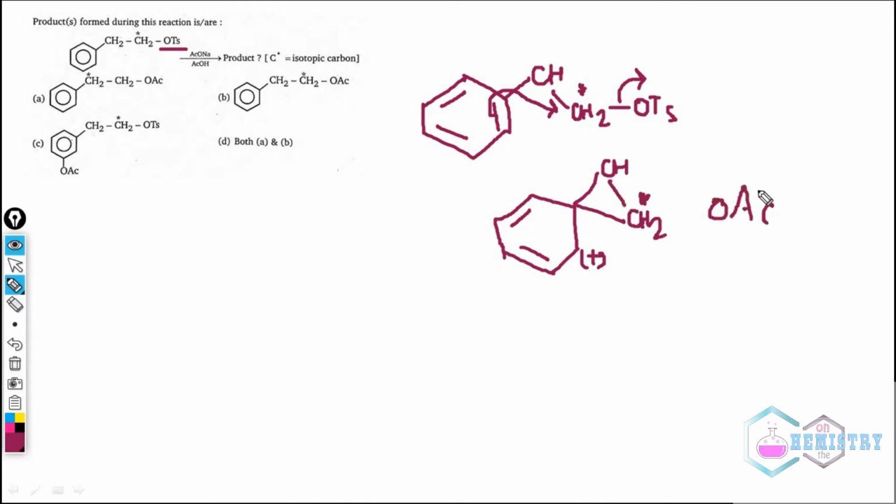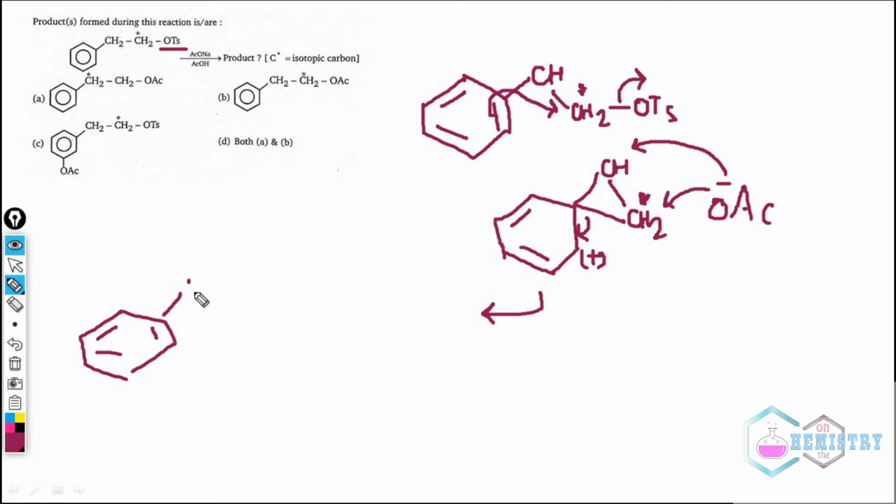Now OAc minus will attack either of these two carbons, and if it attacks this carbon, one of these bonds will fall here, and hence there will be two products like CH2 OAc, where if it attacks this carbon, this bond will break and fall on here, so this product will form. If it attacks this carbon, this bond will break and it will fall on this product.